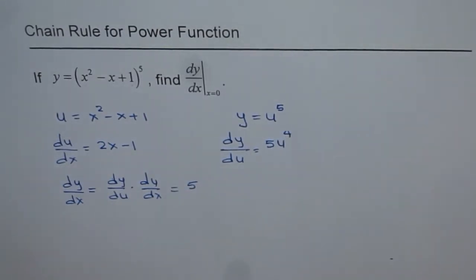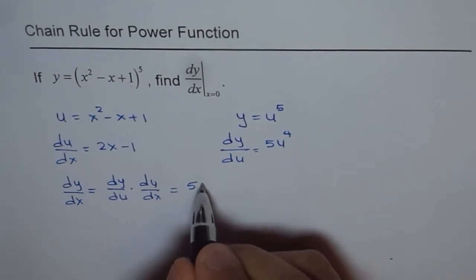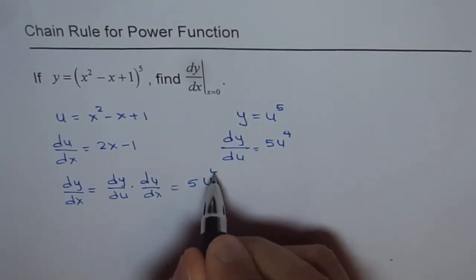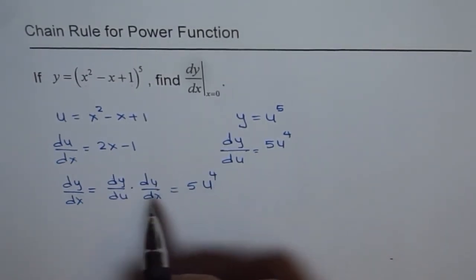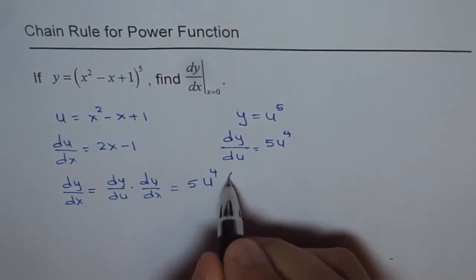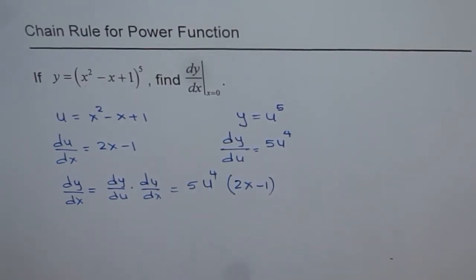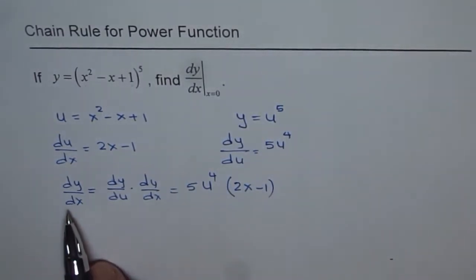So 5u to the power of 4, and then du/dx is 2x minus 1, times (2x minus 1).